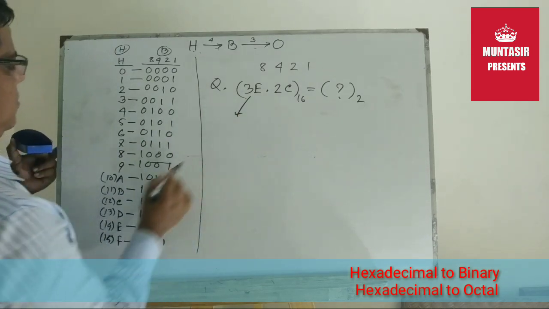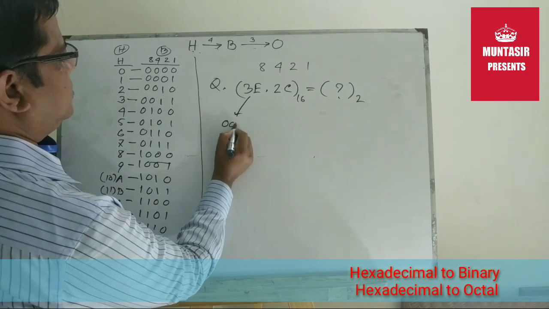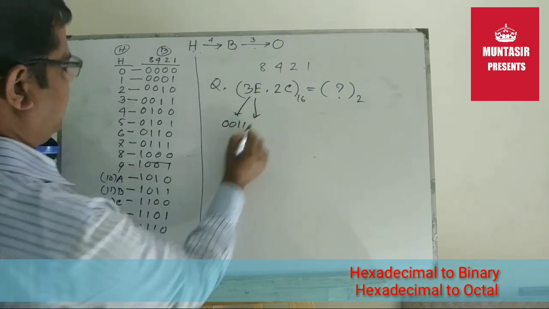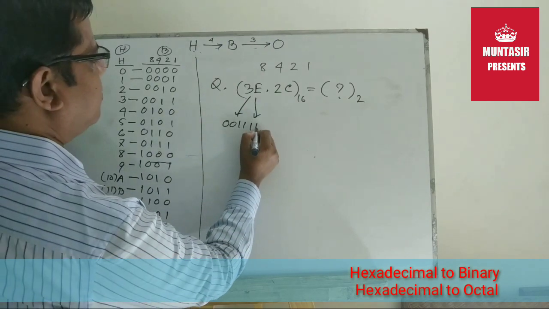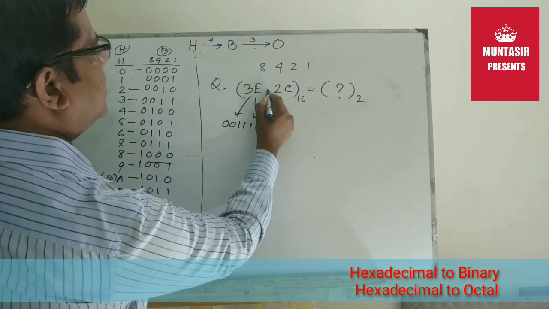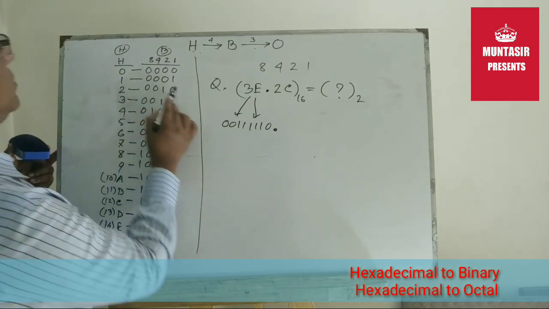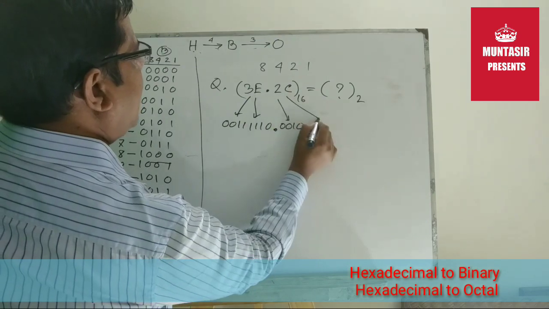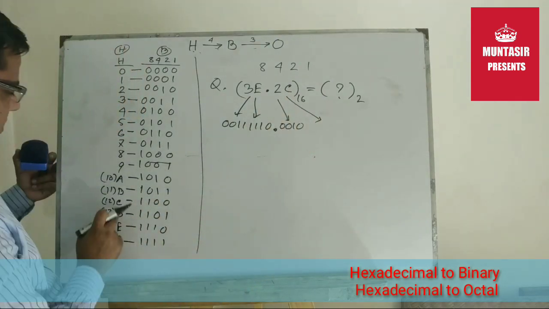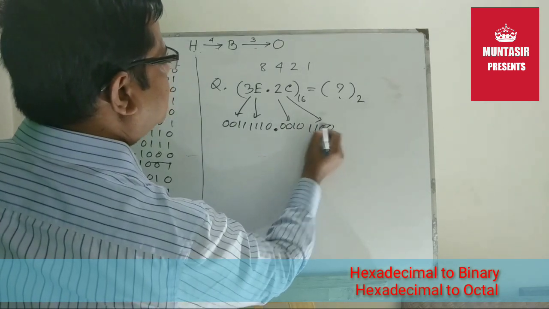So 3 is 0 0 1 1. E means 1 1 1 0. After the radix point, 2 means 0 0 1 0, and C means 12, which is 1 1 0 0.